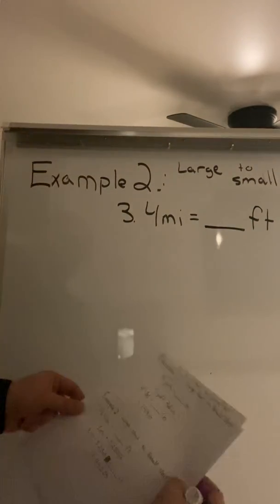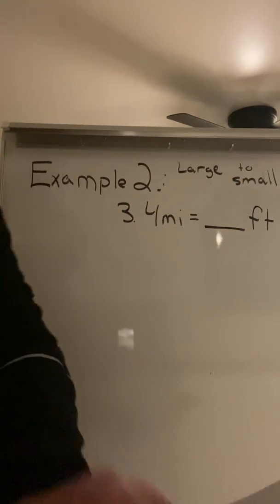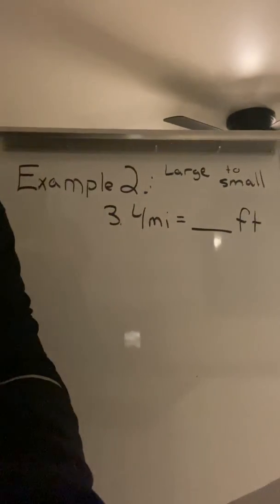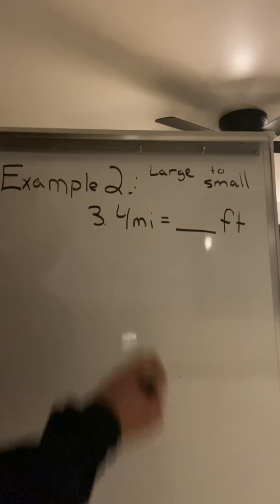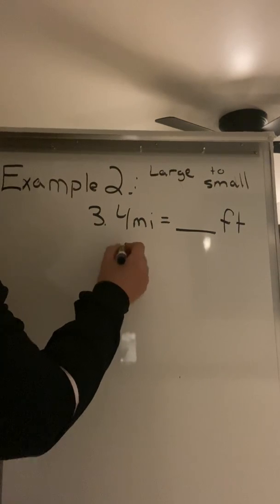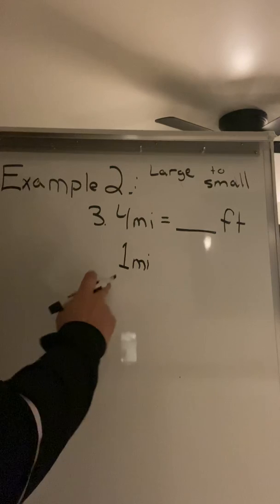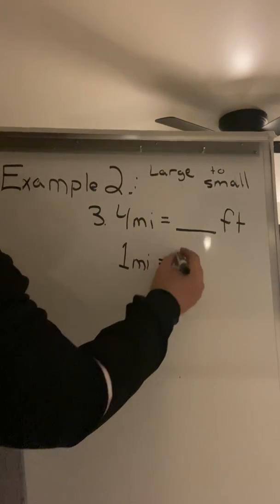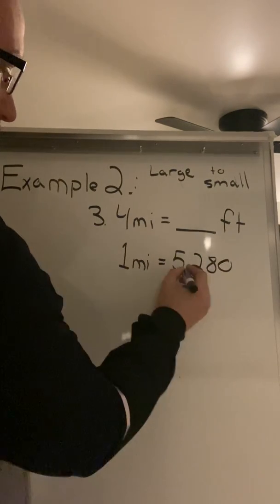So the first thing I need to do is you can go back to the notes or on page 490 in your book. Sorry, I'm going to make that look a little better. You can figure out, well, I have miles, so I know that in 1 mile, I need to find how many feet. So in 1 mile, we have 5,280 feet.